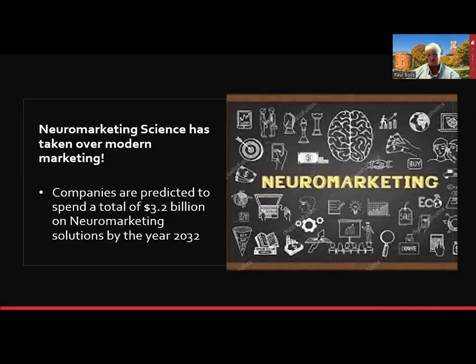Neuromarketing science is really taking the modern marketing world by storm. Here's a figure I pulled offline. Companies are predicted to spend a total of $3.2 billion on neuromarketing solutions by the year 2032. So the industry is using this science extensively worldwide to make content that sells stuff more powerful and effective.